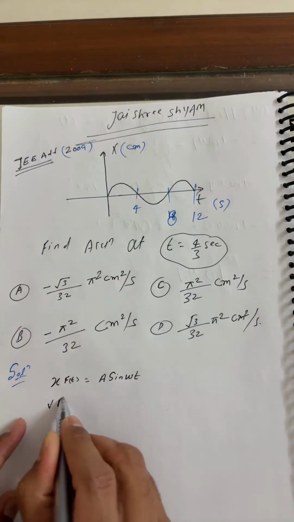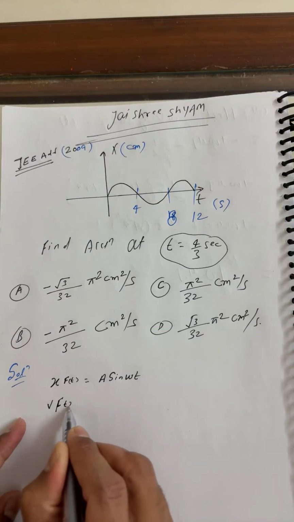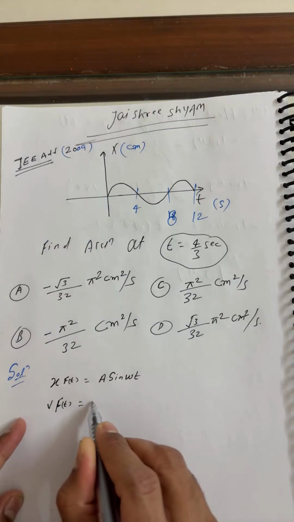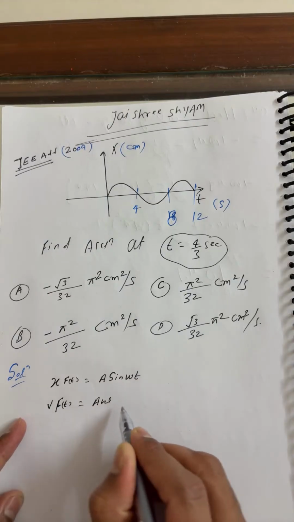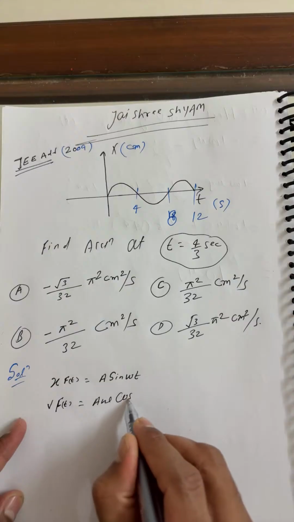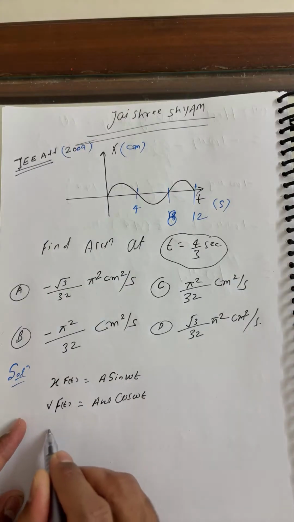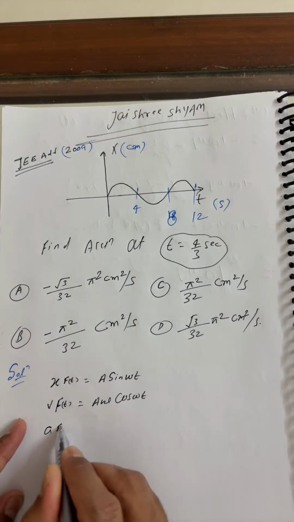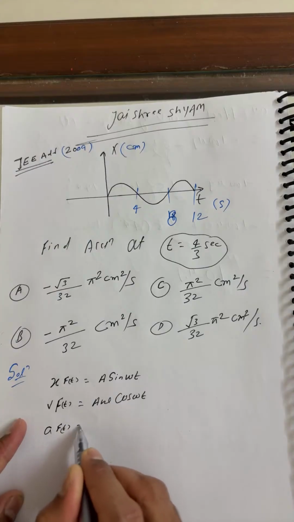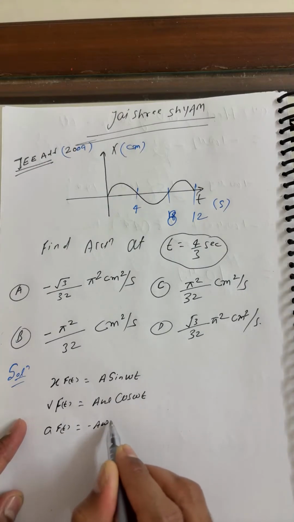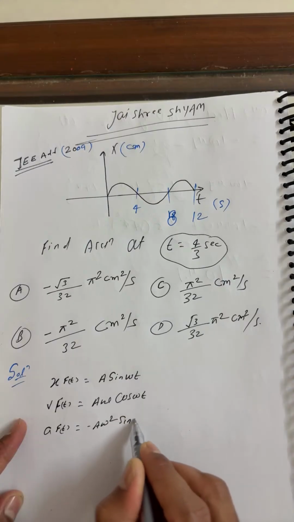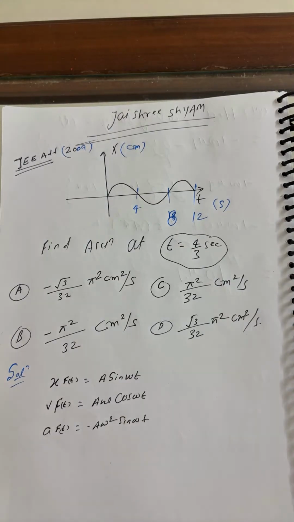Velocity as a function of time is A omega cos omega t. Acceleration as a function of time is minus A omega square sin omega t. I hope all of you remember.